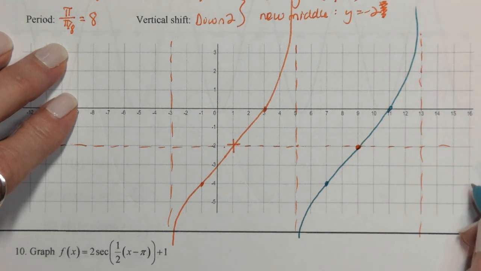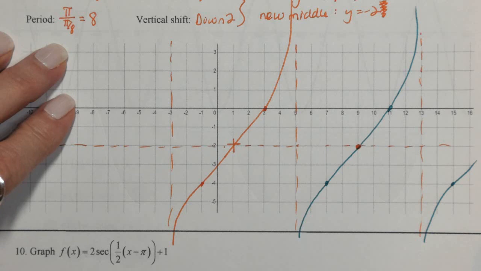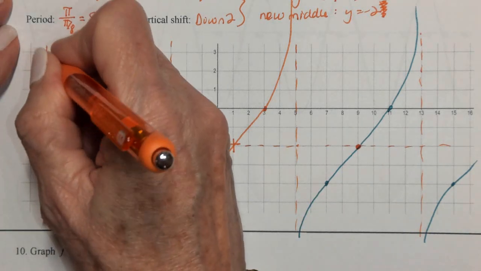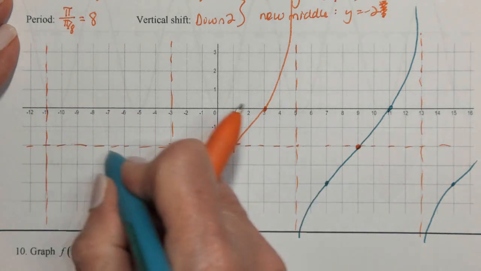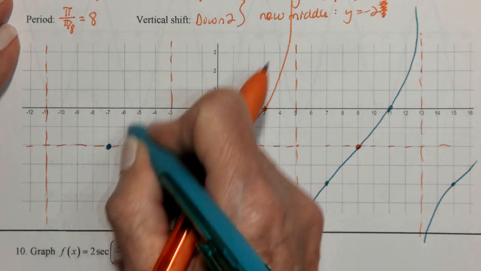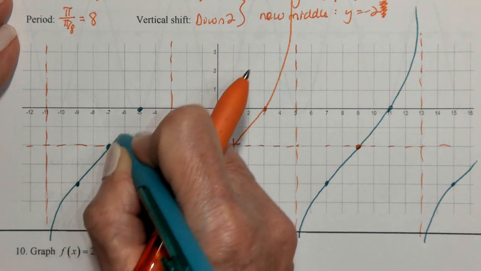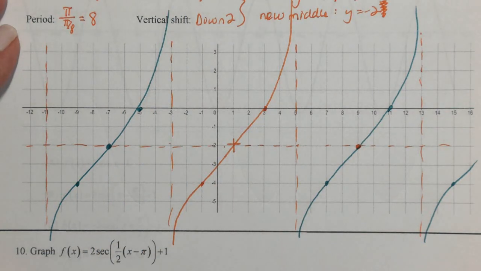I don't have much space to work with here, so I'll just do that. Over on this side, another vertical asymptote. Halfway through, we're at 0, and then 2 and negative 2. Okay.